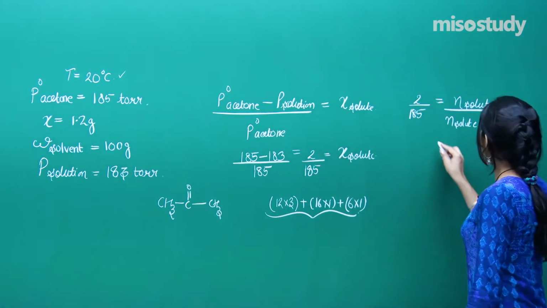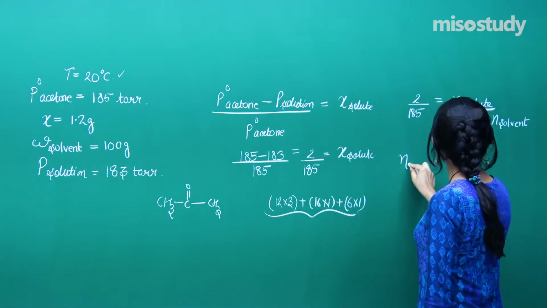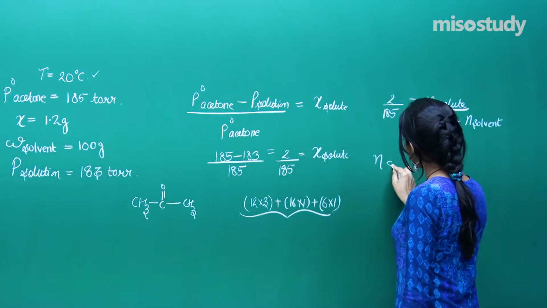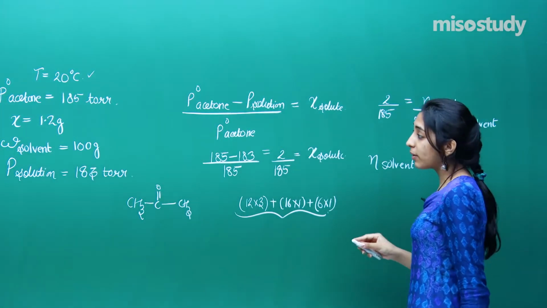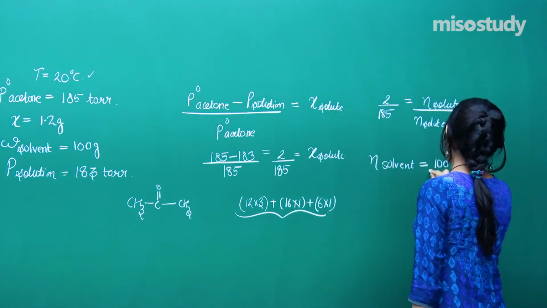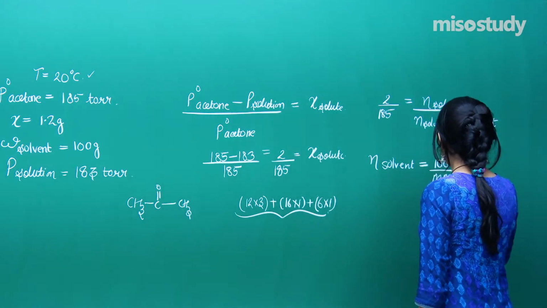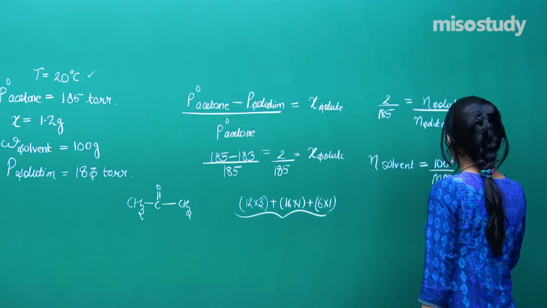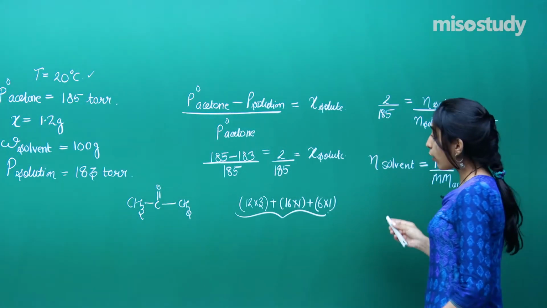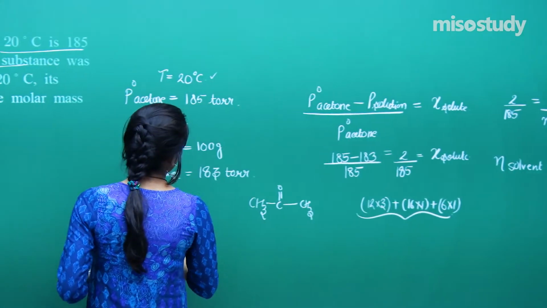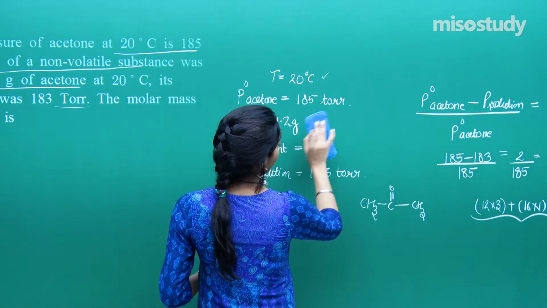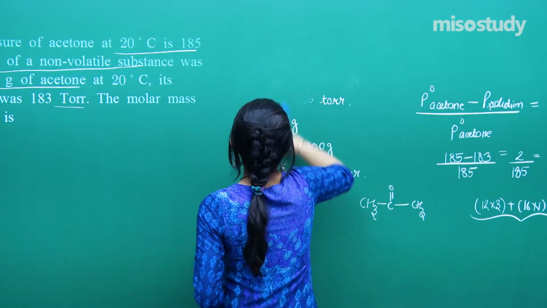So the number of moles of acetone or solvent will be equal to the given mass, which is 100, divided by the molar mass of acetone that I already know. Clear? Now 1.2 you just need to take into account.